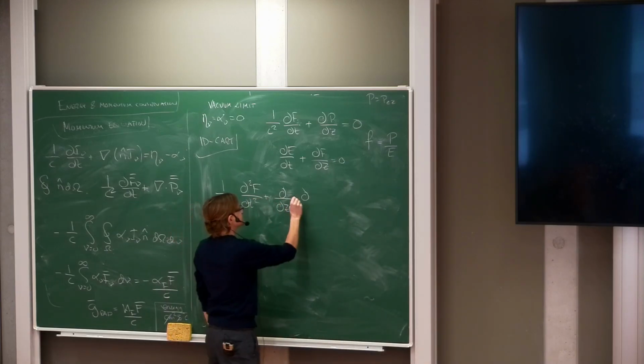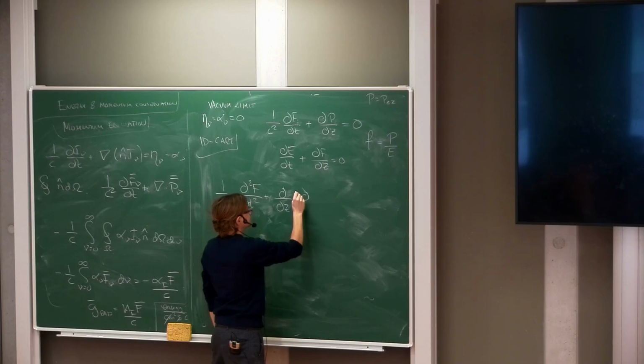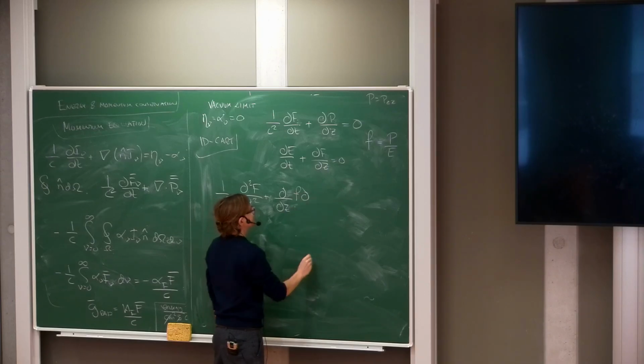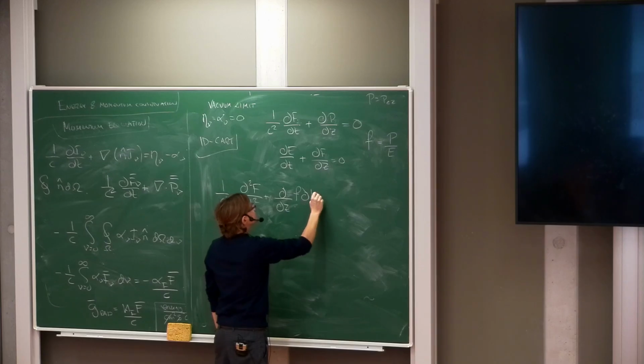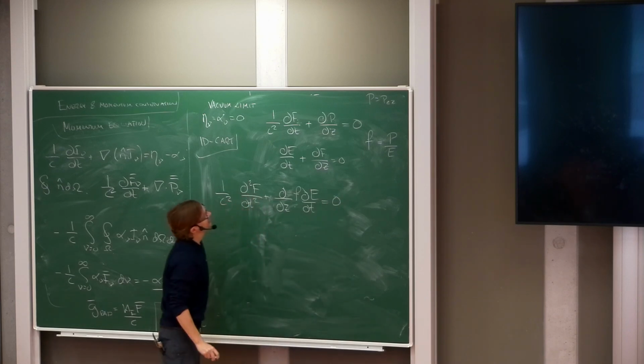So we can write this as, if we say that this is a constant, we can put it out, f, and then we have dE/dt equals 0.